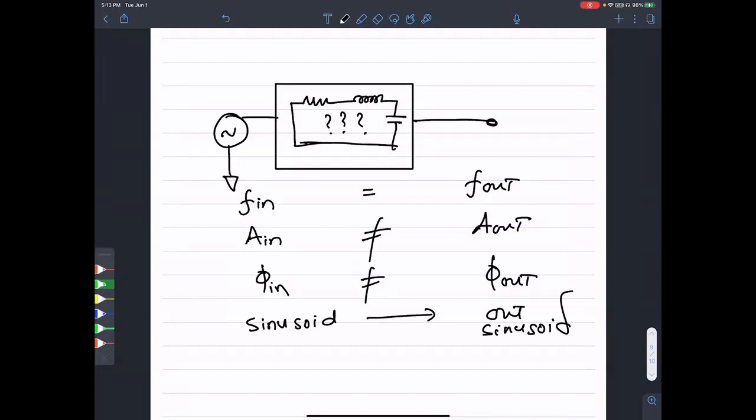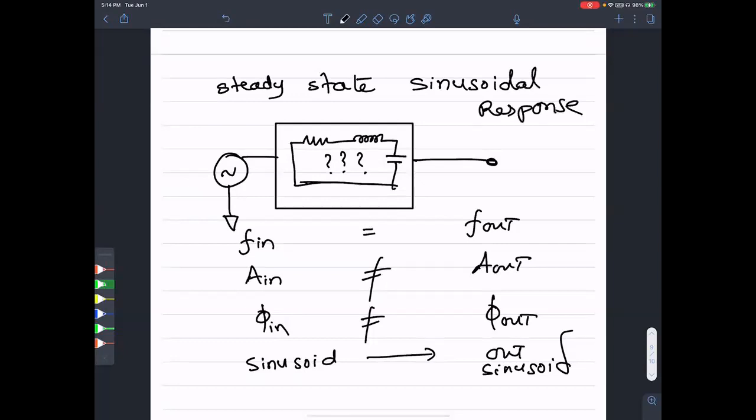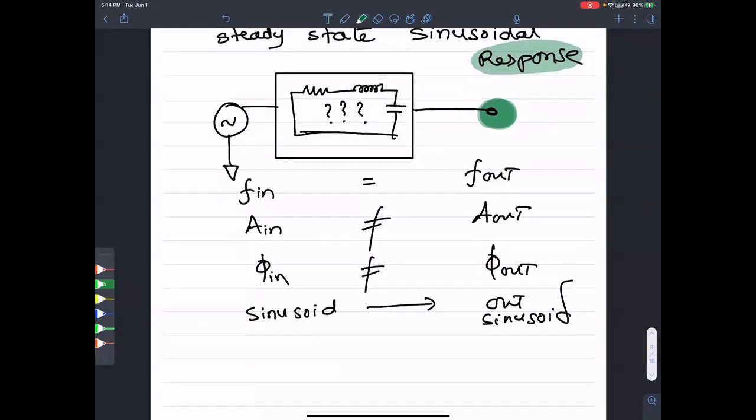So that's as much as we can definitively say about the steady state sinusoidal response. By response, I simply mean the output. What is the output in response to the input?